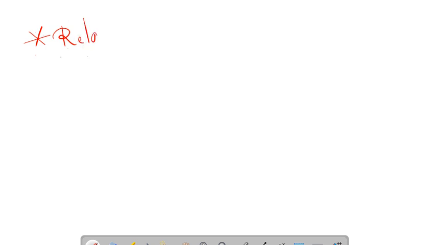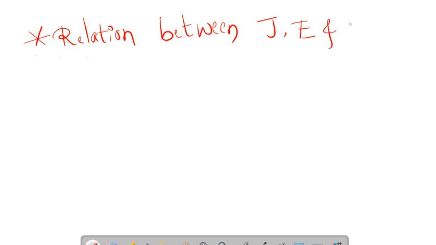Relation between J, that is current density, and E, electric field, and also sigma, that is conductivity.